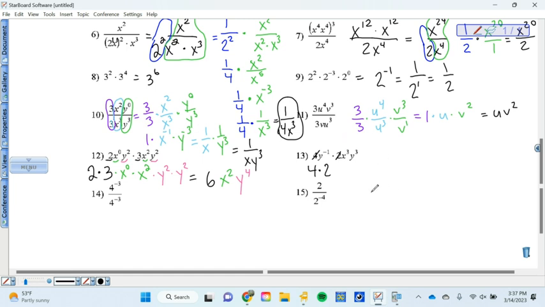And then what do I put next? Yeah, times y to the negative 1. And where's y's little friend? What goes with the y to the negative 1? Y cubed. And then last, I've got x cubed.